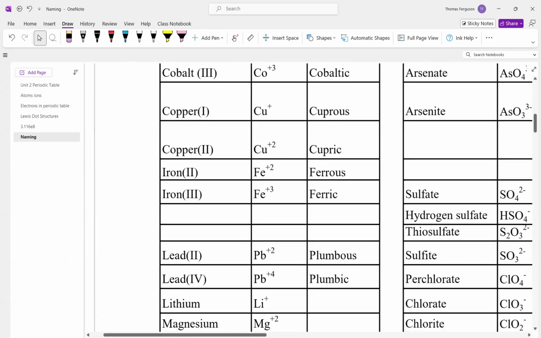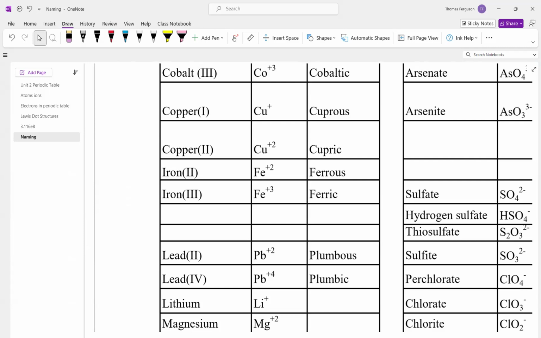So cupric is the same as copper 2. Now the department does not teach those names, the cuprics, the cuprouses, and all that stuff. I personally do, because when you look at a food label, that's what they use. When you go to an analytical store that sells chemicals to schools and to companies, they use the parentheses.